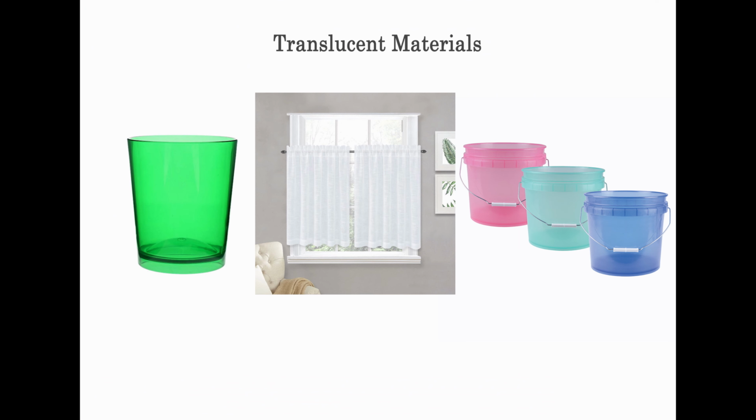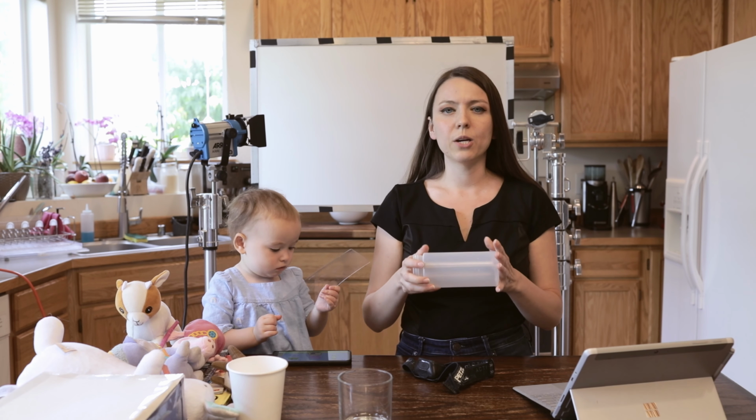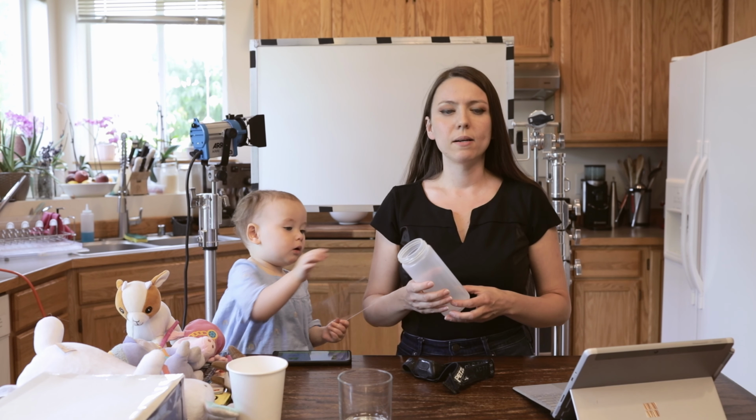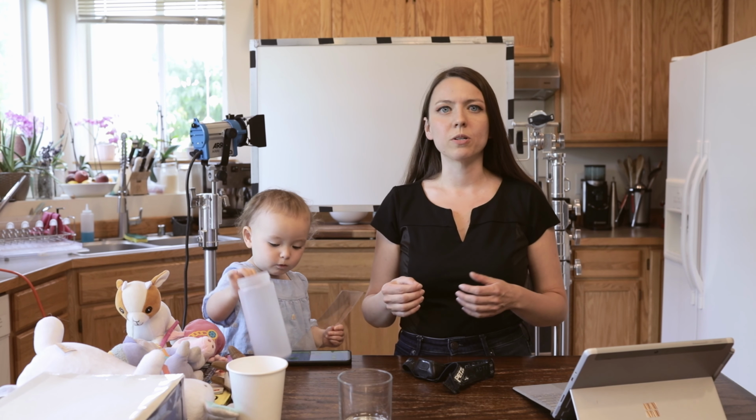These are materials that let some light through, but you can still see through them. For example, it could be a fabric like curtains that let some light through, some tempered or colored glass, or protector sheets that are colored so you can still see some through it, but they are not completely transparent.